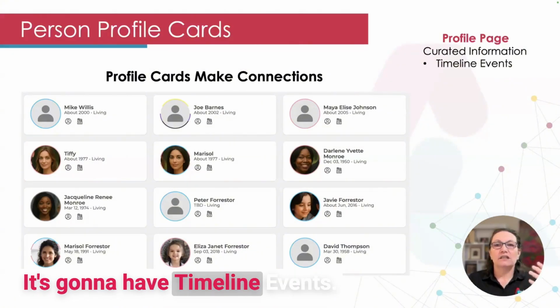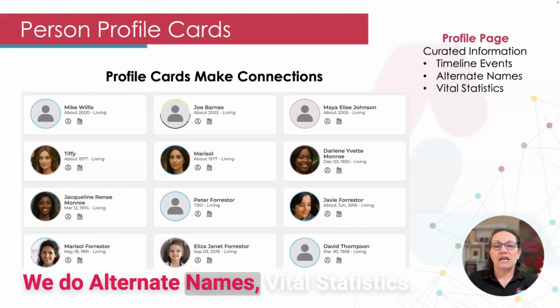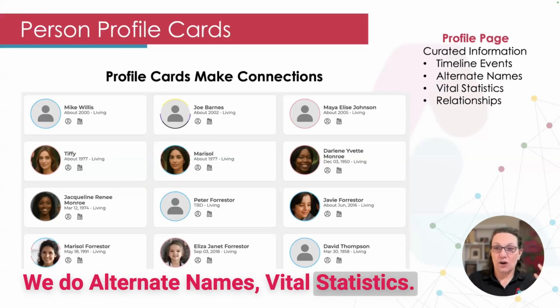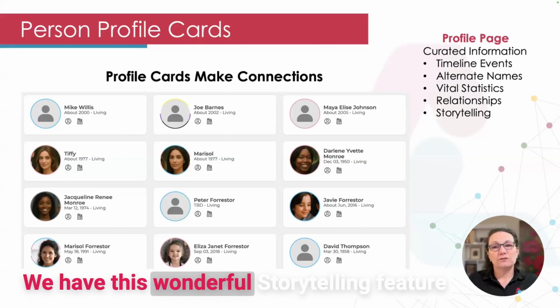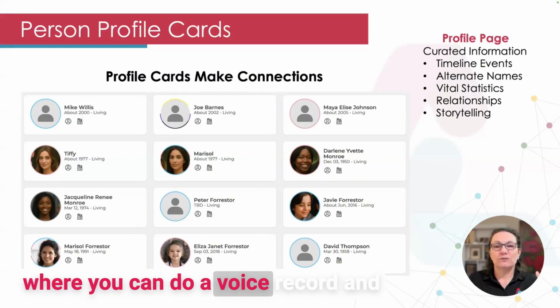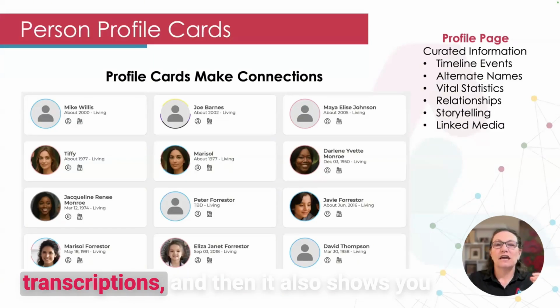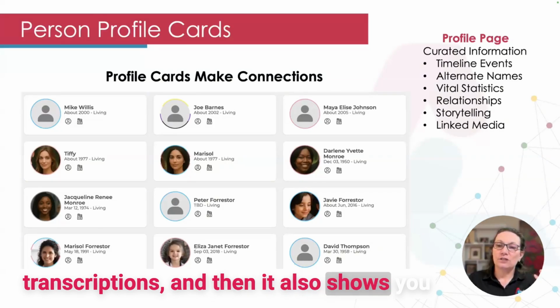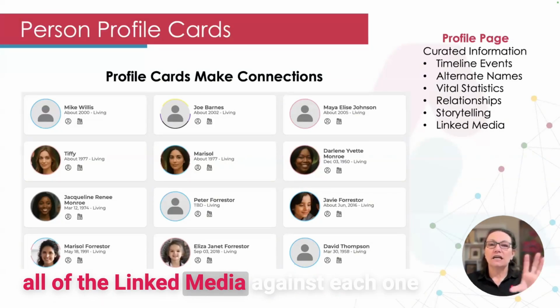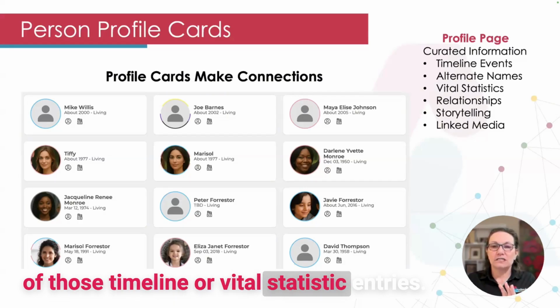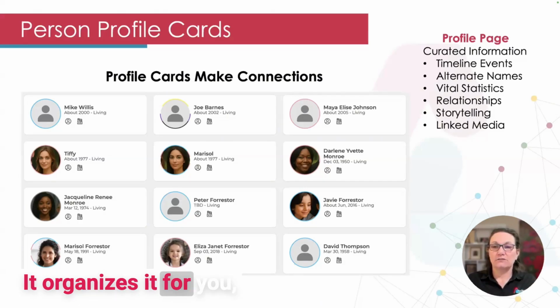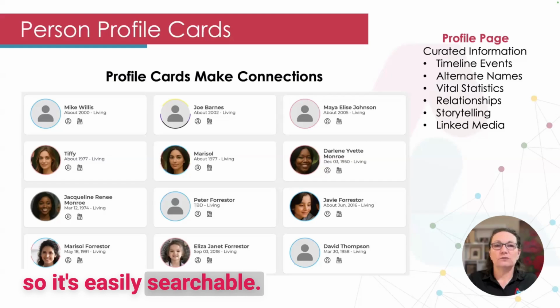It's going to have timeline events. We do alternate names, vital statistics, all those different relationships we just discussed. We have this wonderful storytelling feature where you can do a voice record and transcriptions. And then it also shows you all of the linked media against each one of those timeline or vital statistic entries. It organizes it for you so it's easily searchable.